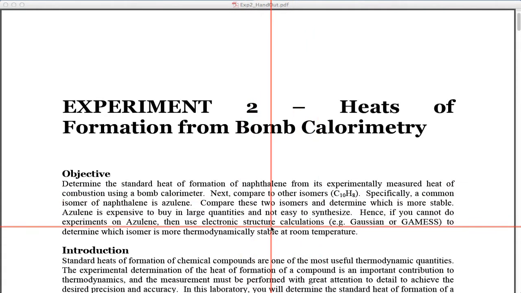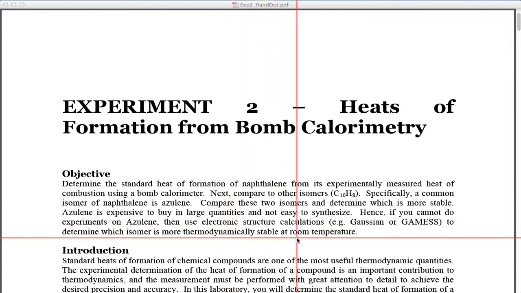What we're going to do is use quantum mechanical calculations to calculate some thermochemistry parameters, in this case enthalpies, and we'll do it for naphthalene so we can compare it to what we get measured experimentally, and then we'll do it for one that we're not going to measure experimentally, which is azulene, and then be able to compare that isomer to naphthalene to see if it's more or less stable at room temperature. In other words, we'll be able to predict it from these thermochemistry calculations instead of doing the measurement ourselves.